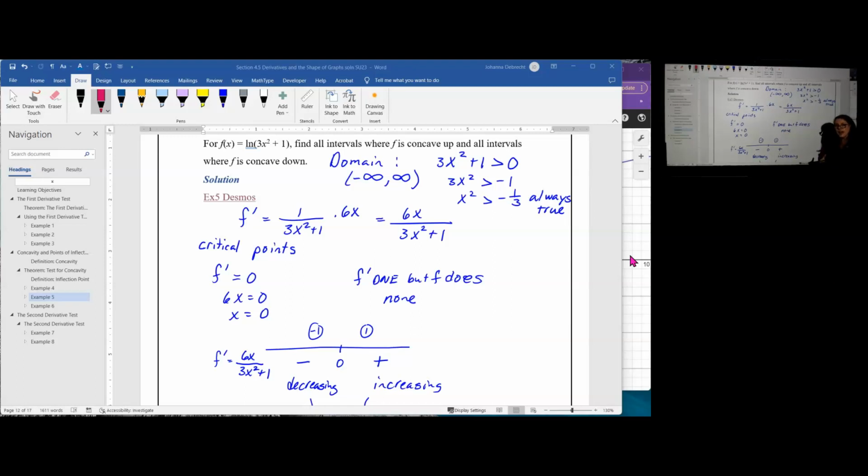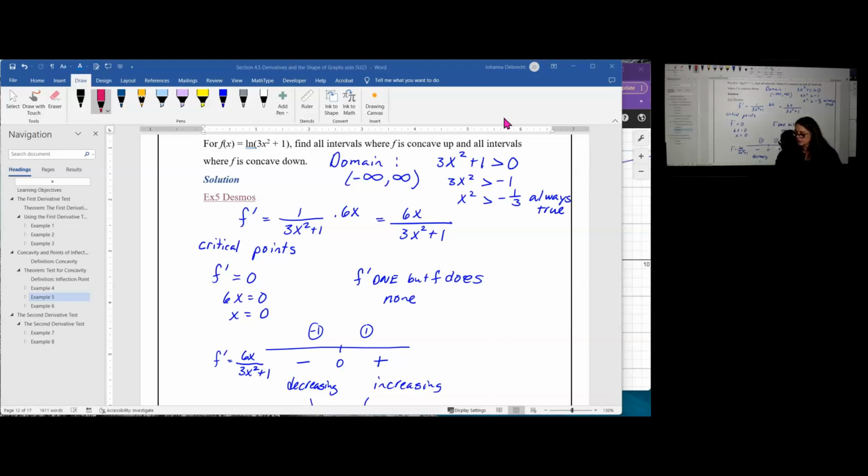I didn't actually ask you to find the increasing decreasing. I'm just doing it to remind you of what the steps are. You could have gone straight to the second derivative. Then we go ahead and set up a sign chart, take test points on either side of the critical point, and find that it's decreasing and then increasing.